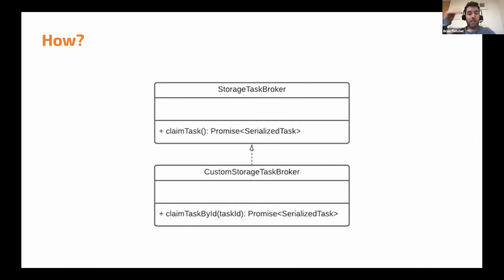So we need to be able to claim a task by its ID instead of claiming a task by its most recent or least recent, I can't remember exactly, I'd need to look at the algorithm again, but that's not good enough for us. We just want to run the exact task that needs to be run. So we've implemented an additional function onto this custom storage task broker, which we've implemented internally as well, called claim task by ID.